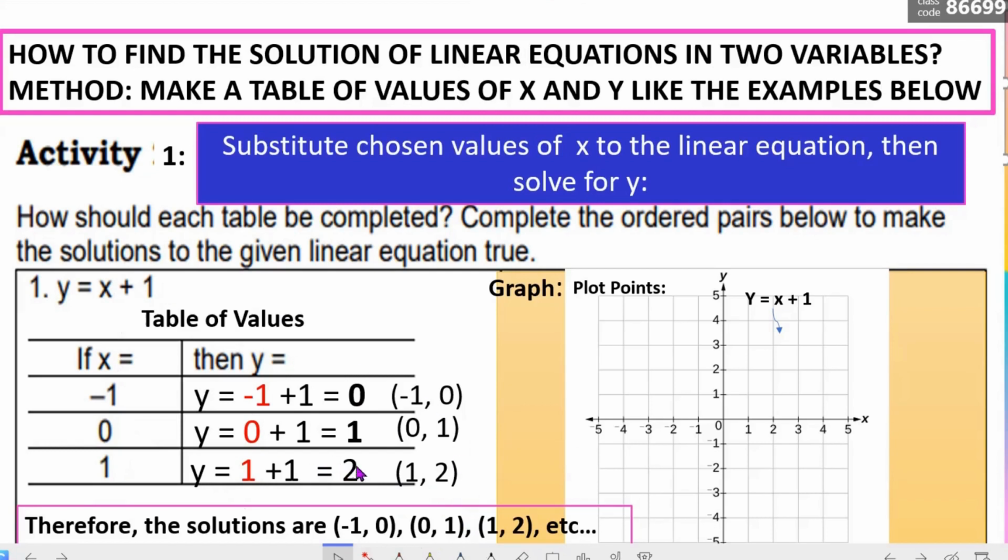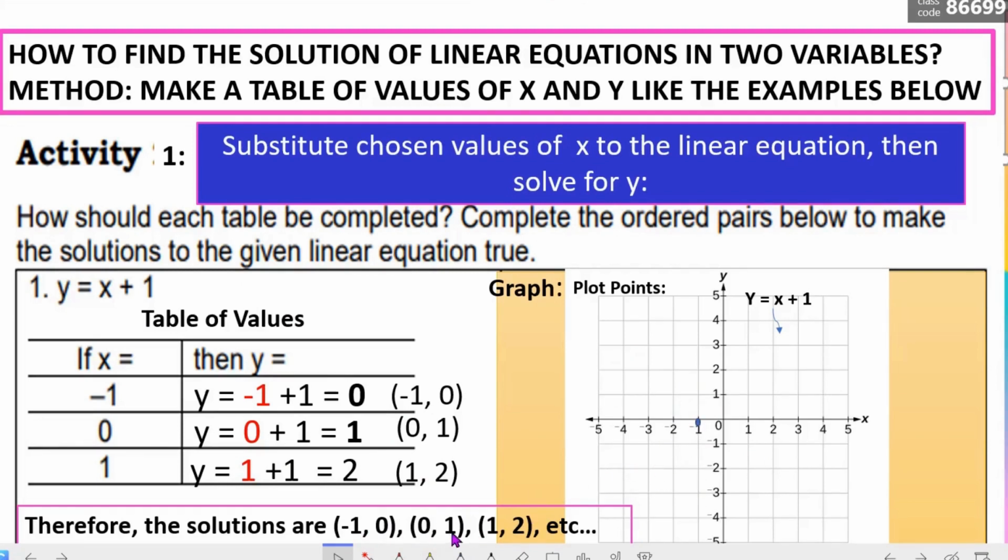We need this table, or these ordered pairs, to graph this solution. Its graph, as we have mentioned earlier, is a straight line. How do we do that? We simply plot these points on this given graph or Cartesian plane. So let's graph (-1, 0). It's over there.